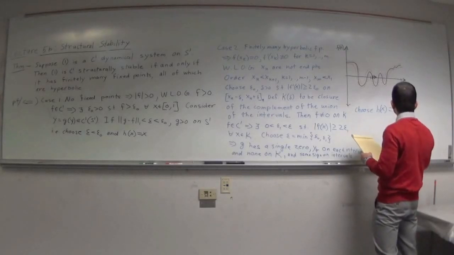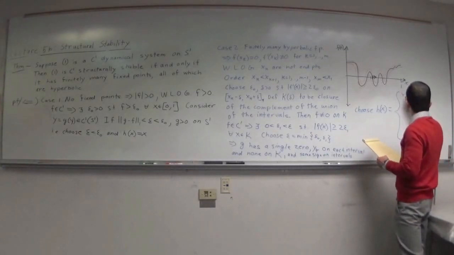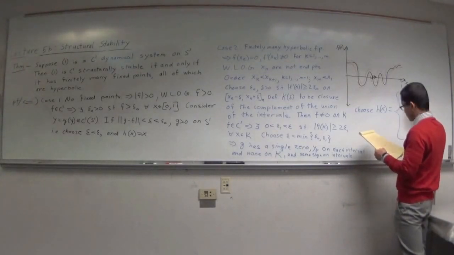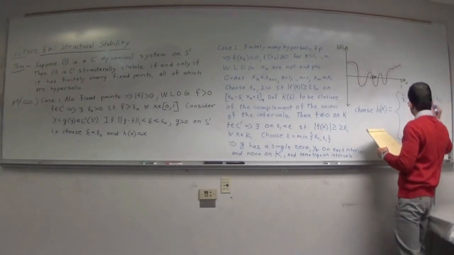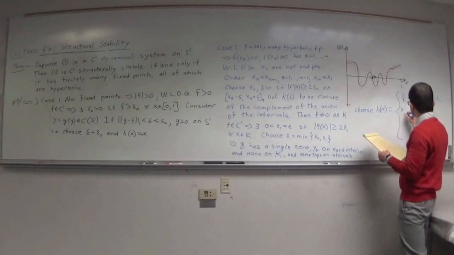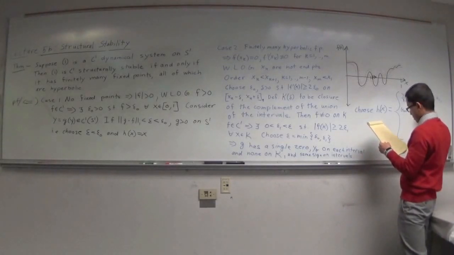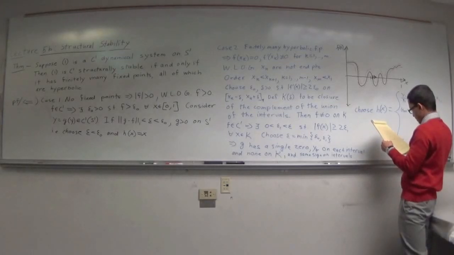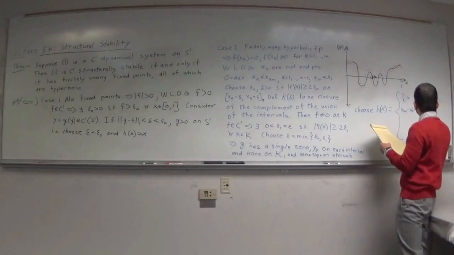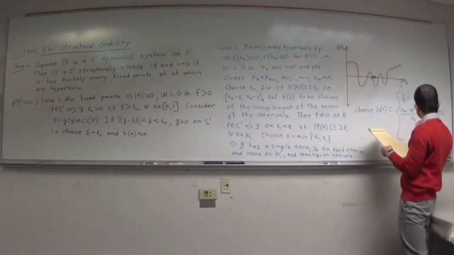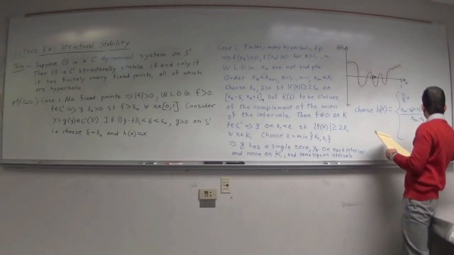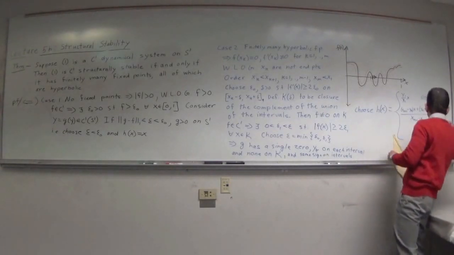So h of x is going to be y1 over x1 times x on 0 to x1, and it's going to be (yk plus 1 minus yk) x plus (yk xk plus 1 minus xk yk plus 1), all over xk plus 1 minus xk, for x between xk and xk plus 1.